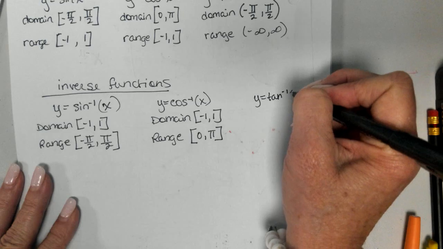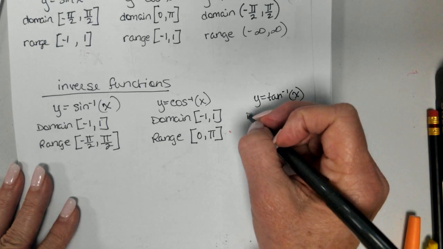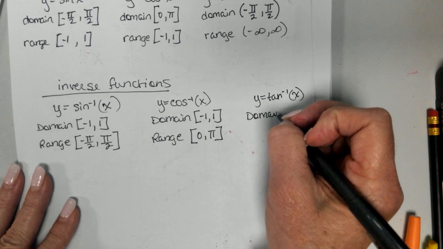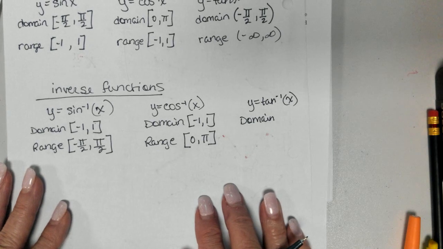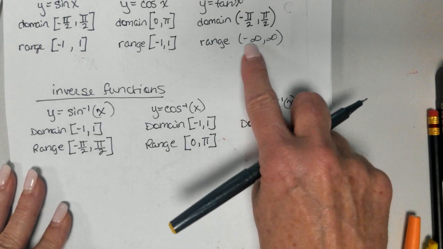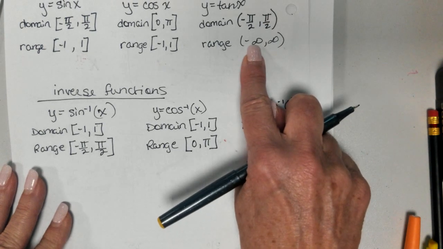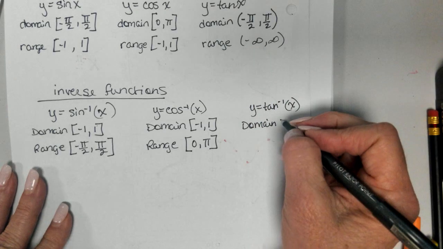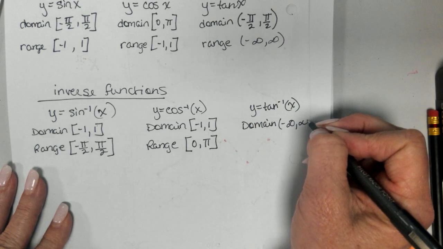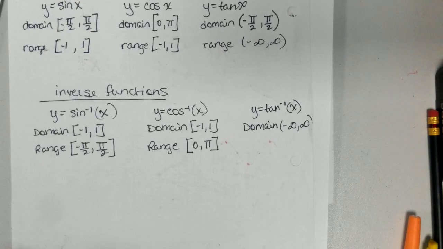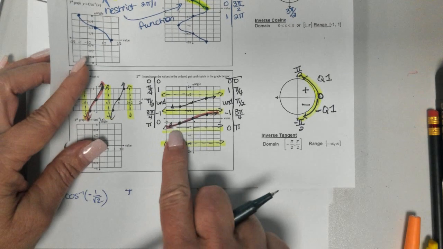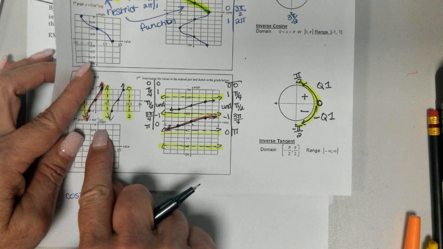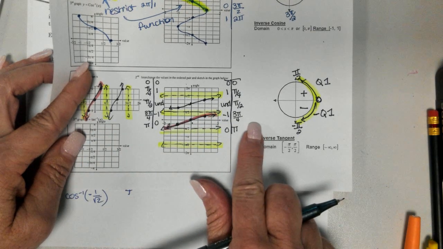And for inverse tangent, the domain, is our domain restricted? Because our range was negative infinity to positive infinity. So guess what? Our domain is negative infinity to positive infinity. Because when you look at the graph, we're going infinitely backwards and infinitely forward.